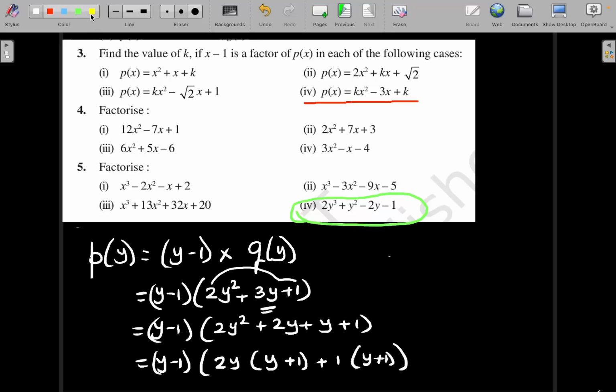I just want this to repeat, okay, and it will repeat. And so finally the answer is p of y is equal to y minus 1 into 2y plus 1 and then y plus 1.